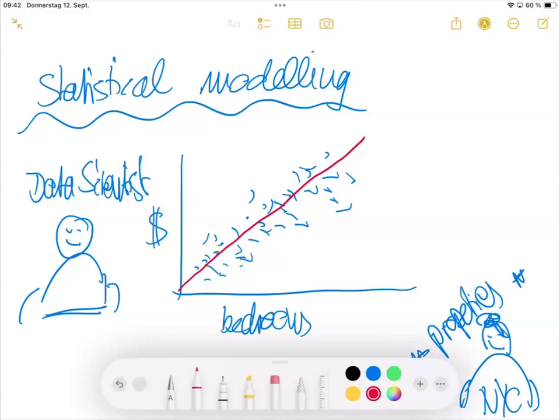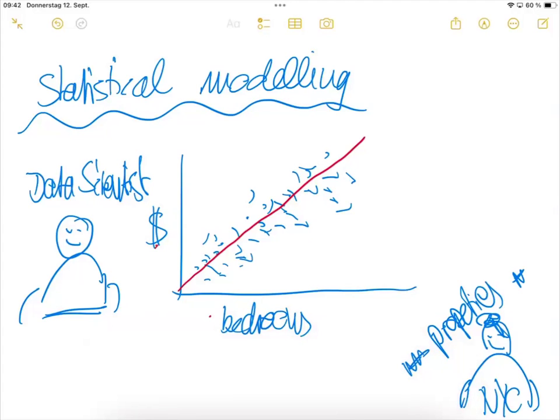So it's in essence descriptive statistics. What we do here, we summarize again this bivariate distribution, this joint distribution of those two variables, using a line. Okay, so here's the analysis, and so you can tell Don, all right, Don, the more bedrooms your property has, the more money you're bound to get when you sell the house.